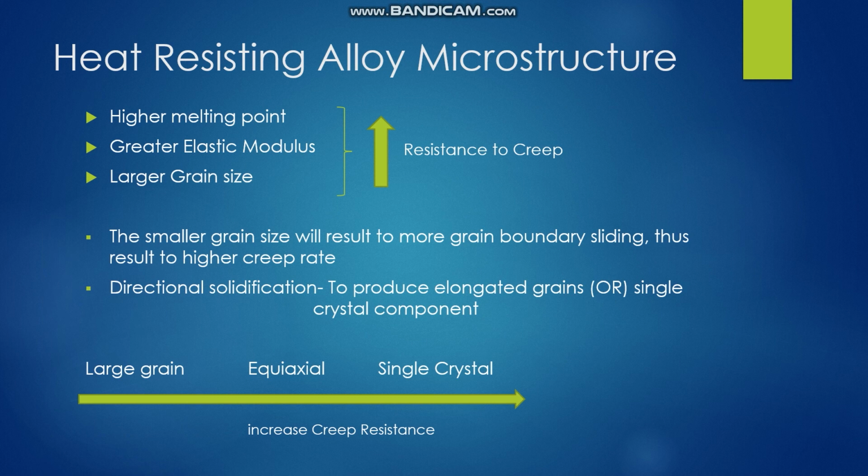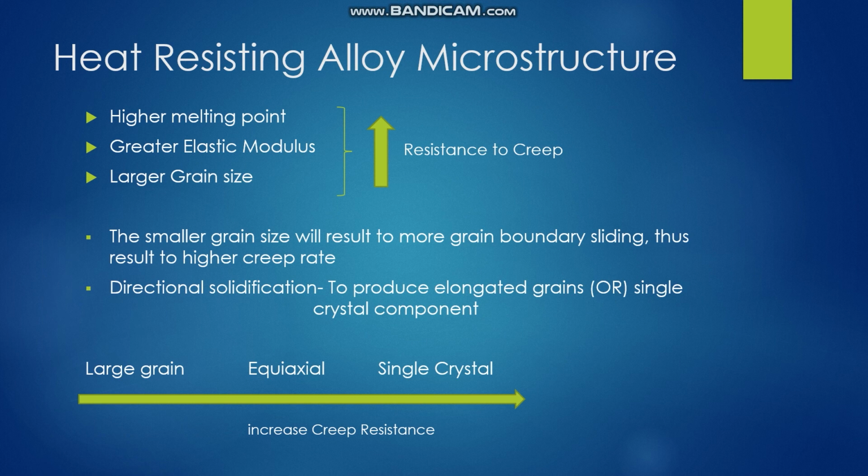We also can choose a material that has high elastic modulus, and we need to choose a material that has large grain size. Why large grain size is important is that if we choose smaller grain size, it will result to the higher chance of grain boundaries sliding, which of course increases the creep rate of a material.